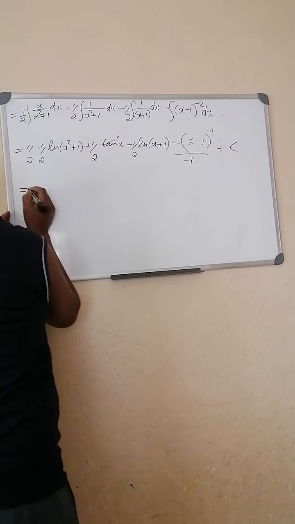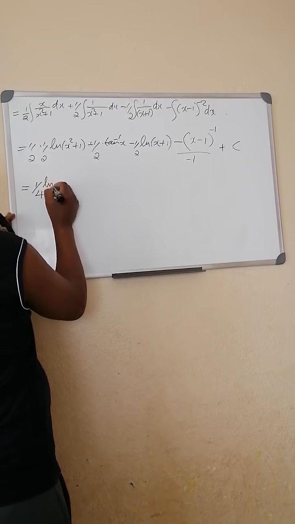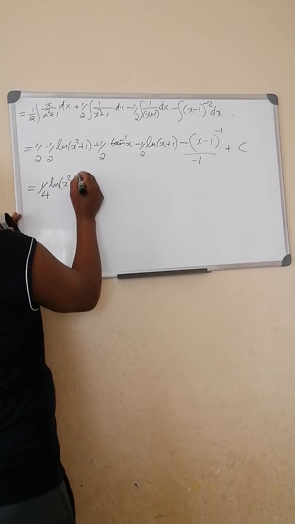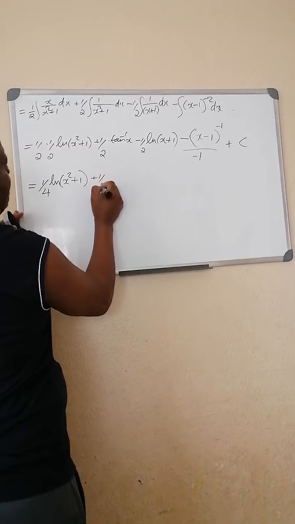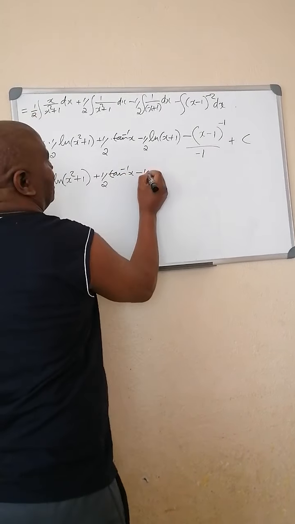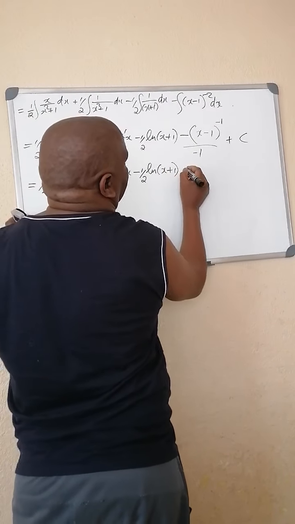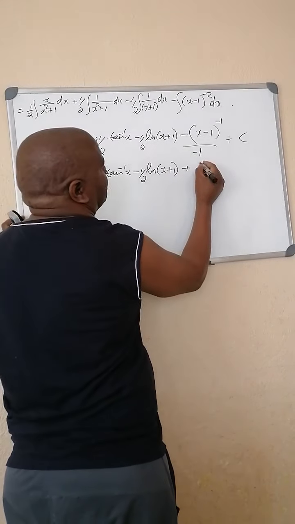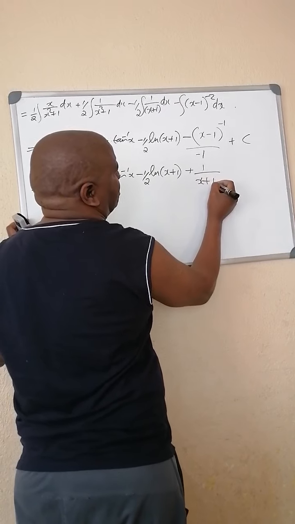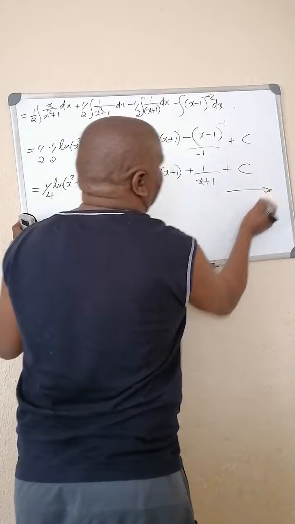Now finally, the answer written in a more appropriate form will be that one, plus half arctan x minus half the ln of x plus 1. Here you can see we have a plus, and this must be x plus 1 as a bracket, plus the constant.